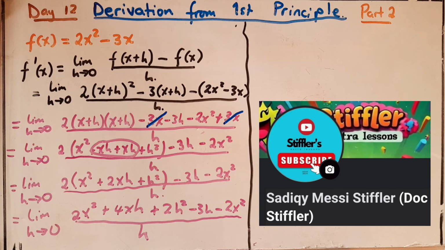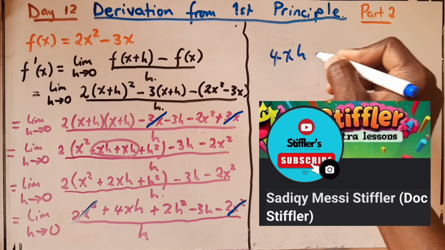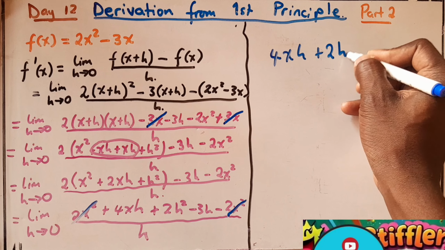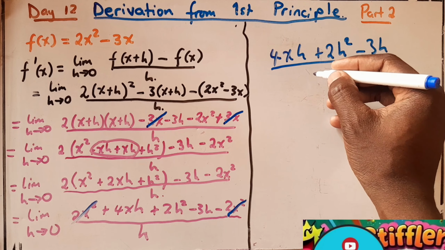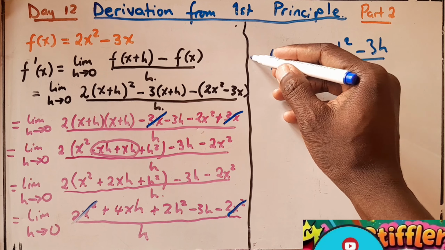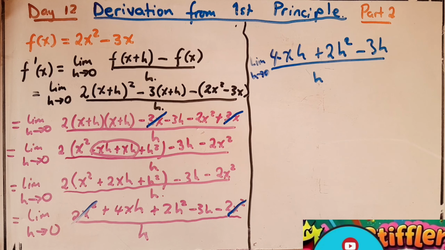So now how can we proceed from this? It means that this 2x squared and this negative 2x squared will cancel out, and now we'll be having 4xh plus 2h squared minus 3h all over h. But don't forget the limit when h tends to 0. So this and that cancelled out and we're left with that.